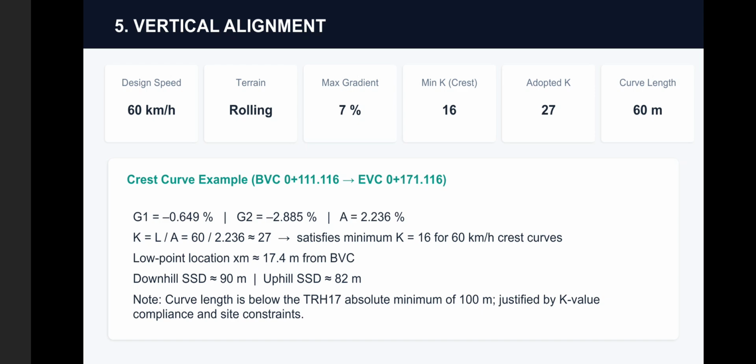So from the K value formula, which is K equals L over A, we just used L equals K times A and justified that the chosen length of 60 meters is adequate.